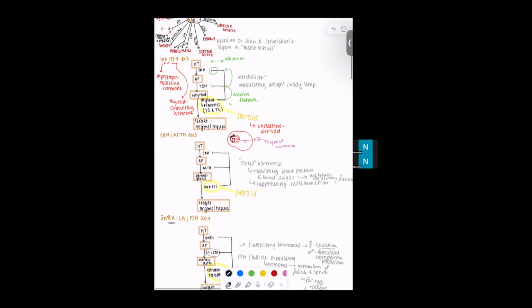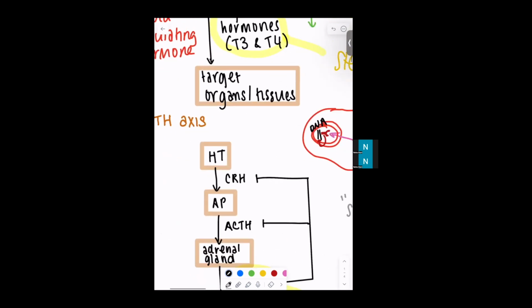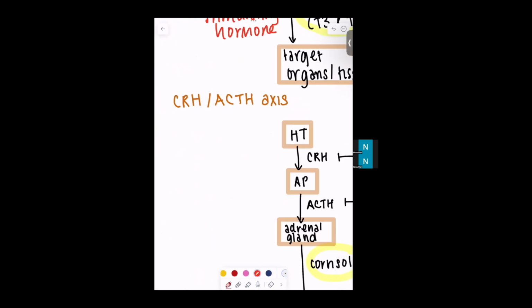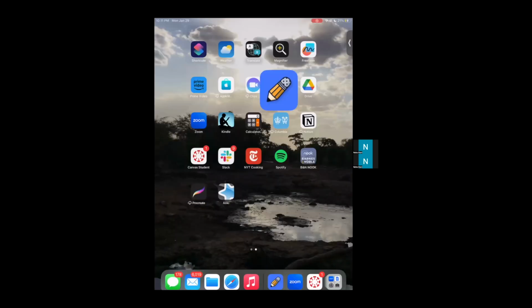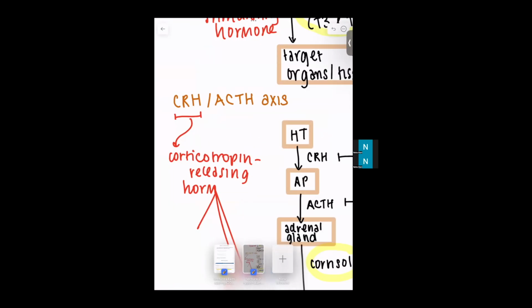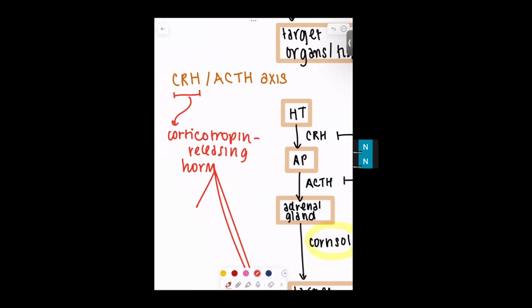So there's something called CRH, which again, from this RH, you can tell it's coming from the hypothalamus. And this is corticotropin releasing hormone.